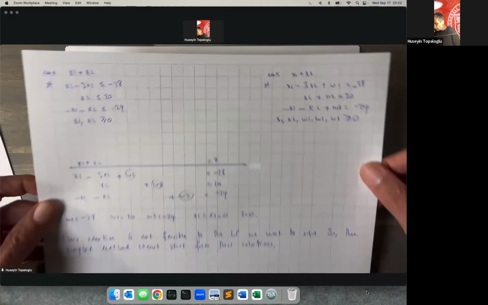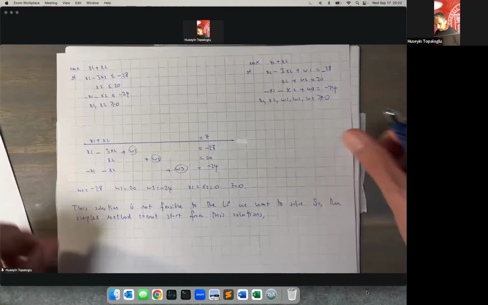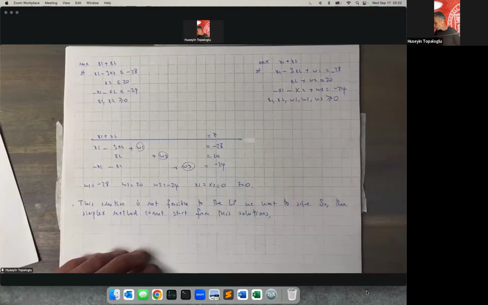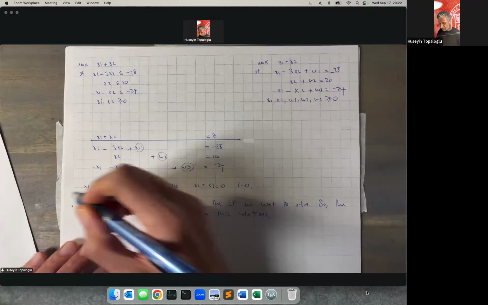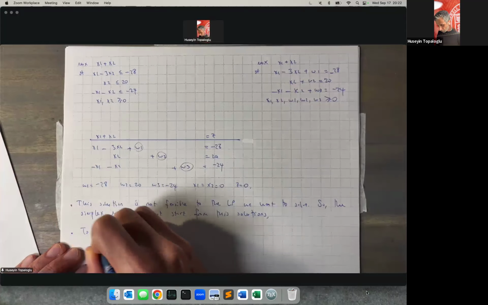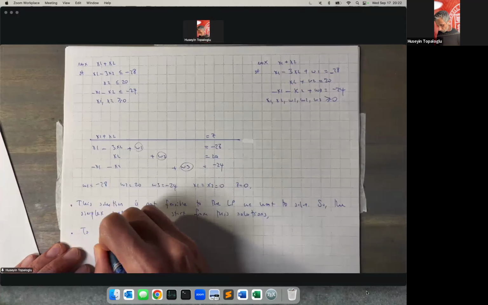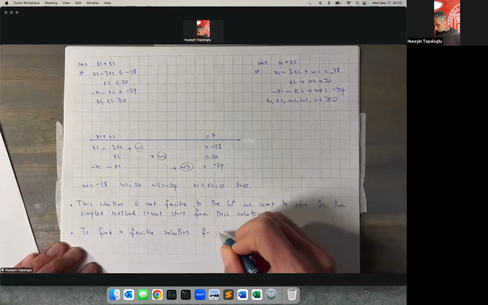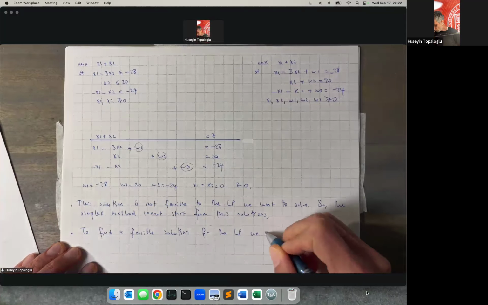In order to do that, let me just write in this corner. It turns out, to find a feasible solution to the linear program that we would like to solve, we can solve yet another linear program. Find a feasible solution for the LP we want to solve.